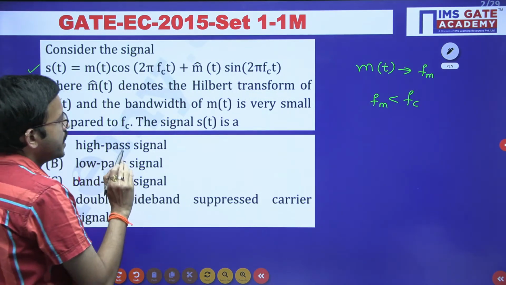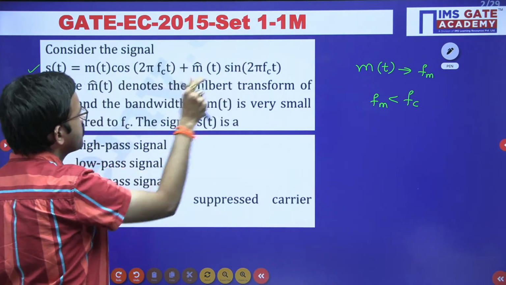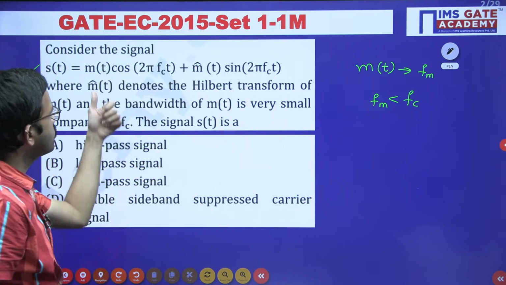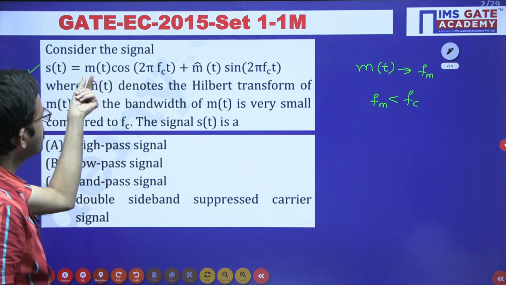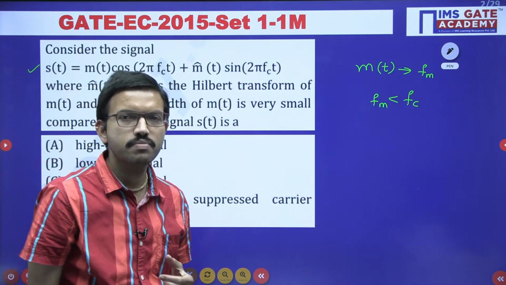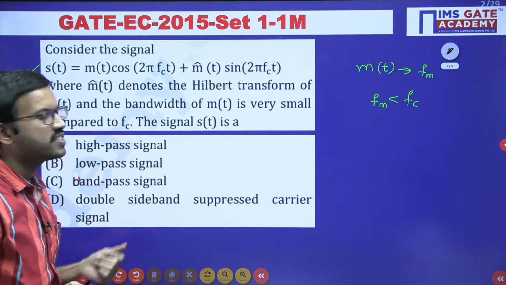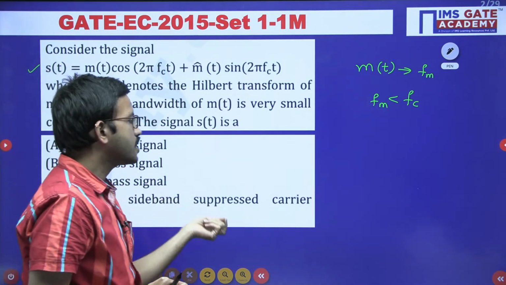See, just by looking at this expression, forget about this part. If you are having only this expression like m of t into cos 2 pi f ct, so that means you are having message signal and you are having carrier signal, you are just multiplying. Right? So the product of message signal and carrier signal is nothing but double sideband suppressed carrier.